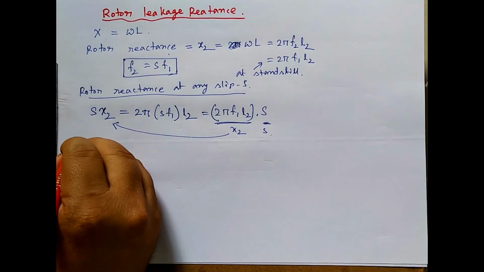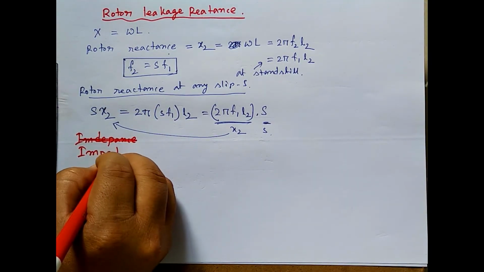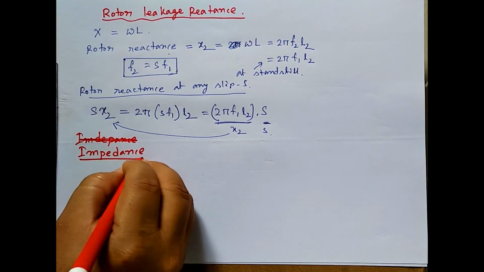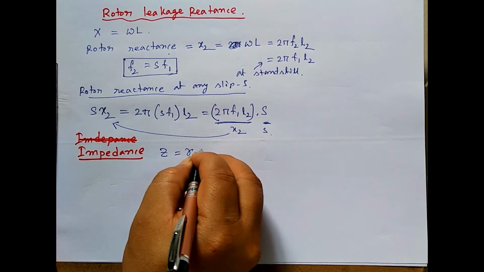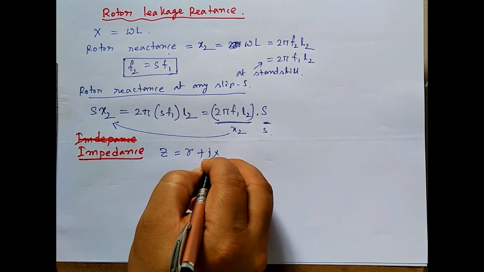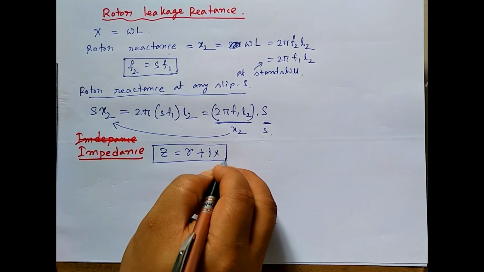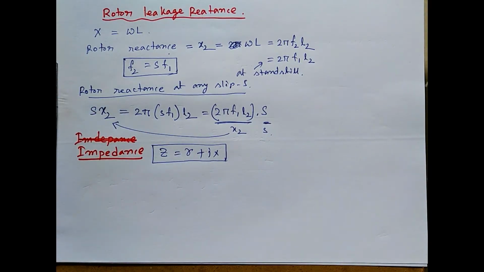So next is impedance. What will be the impedance? Z equals, as you already know, R plus jX, which is the complex form of the impedance.